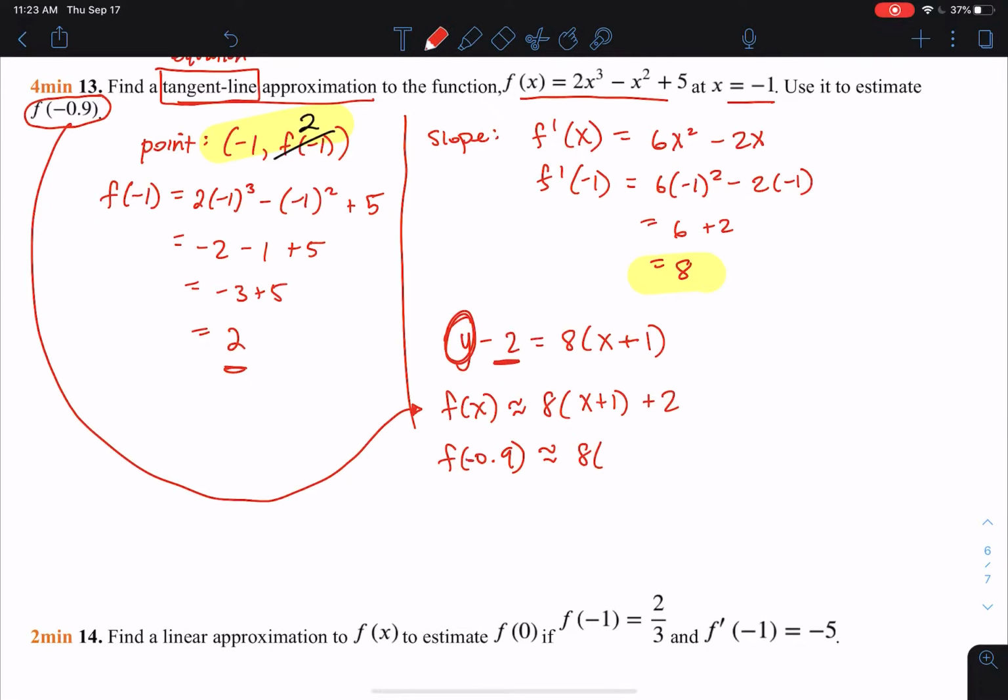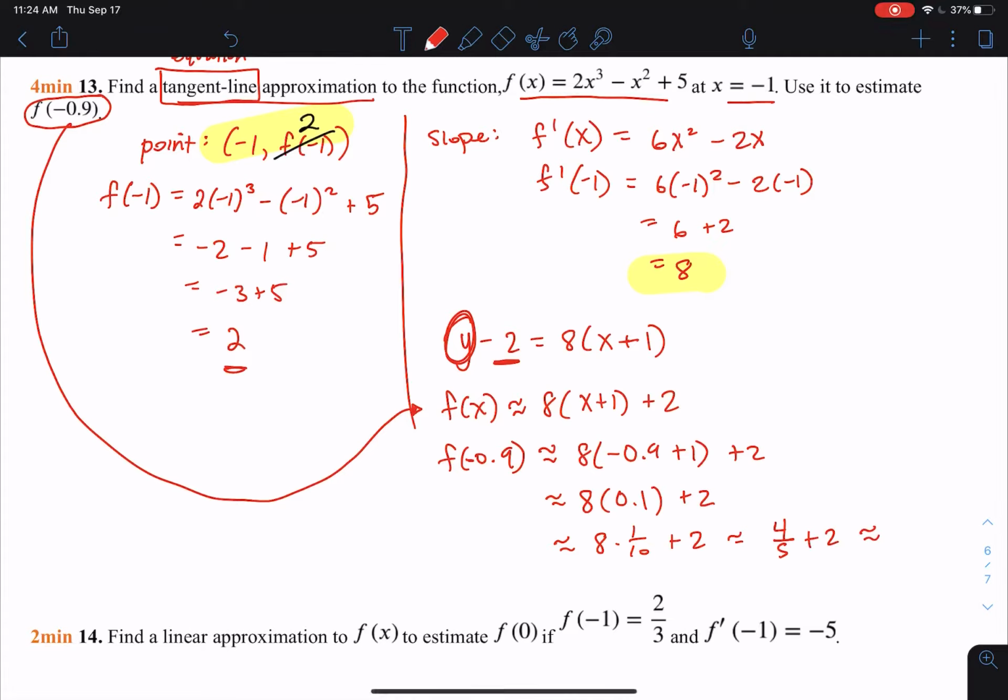Whoops, that's a negative 0.9. So negative 0.9 plus 1 is 0.1. Convert that to a fraction. Should get 1 over 10. 8 times a tenth simplifies to 4 over 5 plus 2.